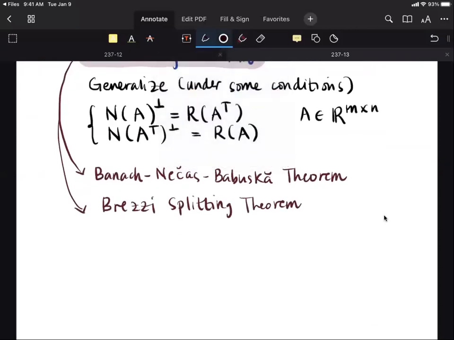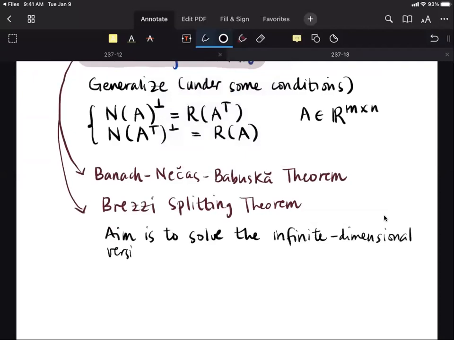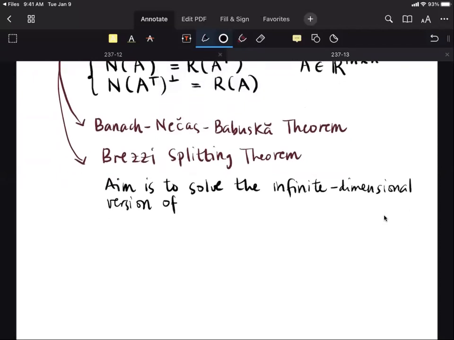So the aim of this theorem is to solve the infinite dimensional version of, let's say, the following problem called a saddle point problem.